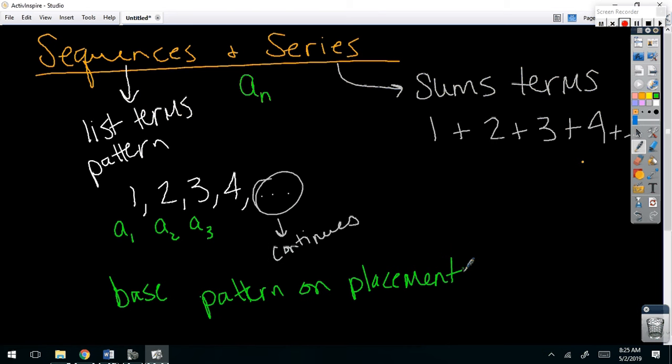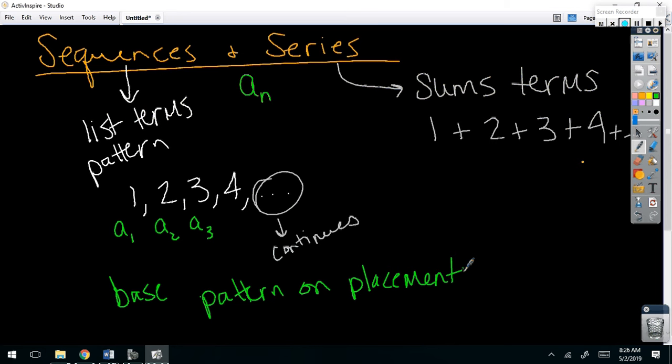The reason for this is if I give you a sequence and you can figure out the pattern based on the term number, then if I ask what's the 100th term, you wouldn't have to write it out 100 times. You could just use your little formula to find it. Does that make sense so far? The hard part is finding that rule that works.